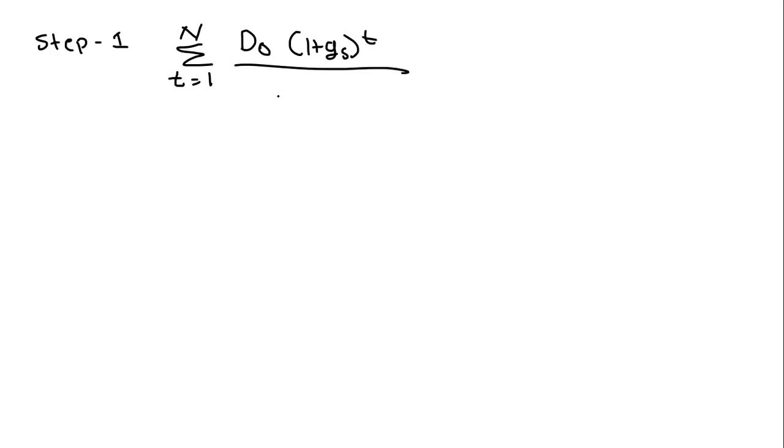So let's solve step by step. Step 1: the summation from t equals 1 to N of D0 (1 plus gs) to the t, divided by (1 plus Rs) to the t.